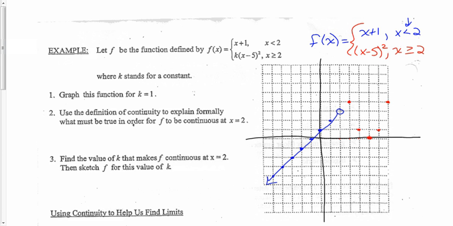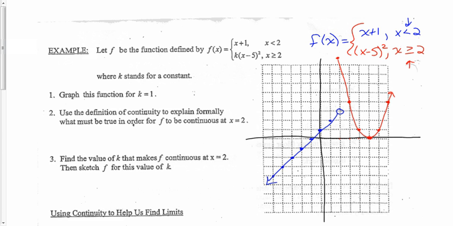And then I do have an equal sign with my 2 over here, so when I go to the left 3, I'm going to go up 9. Oops, went off my grid. And this is what my parabola is going to look like. Now I do need an arrow on the right side. It's going to continue on, but the left side is going to stop at 2. So here is my piecewise function.